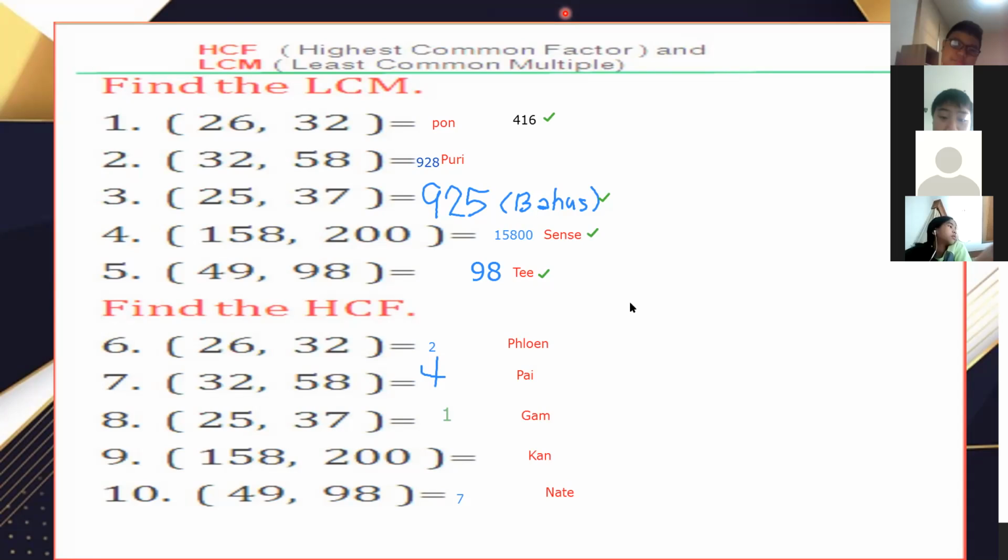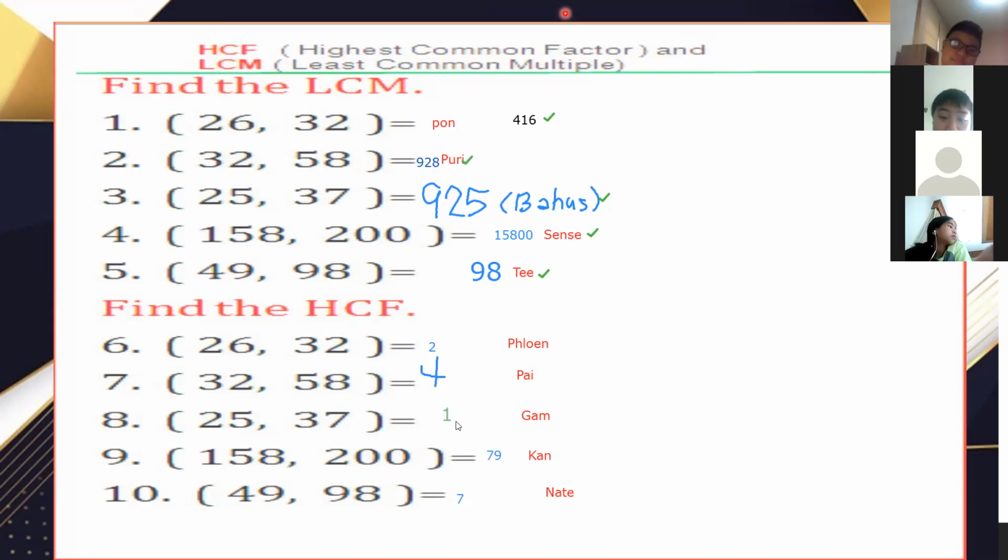So the answer in number 6 is 2. It is correct. There are three examples for disadvantage and advantage. Number 7, 4?